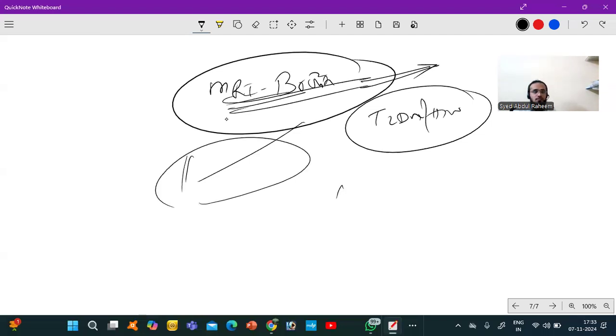Sometimes a nerve conduction study, NCS, will also be done to see how much damage has occurred. NCS of the facial nerve tells us how much damage has occurred to the nerve.